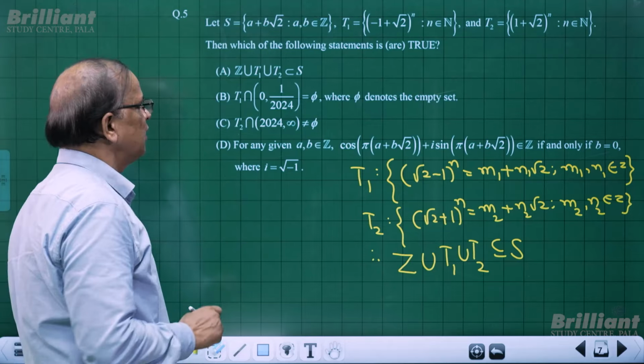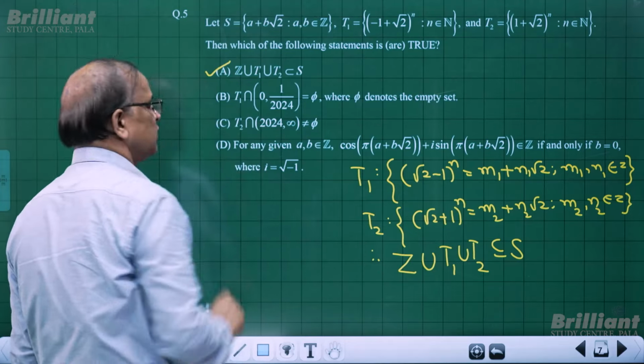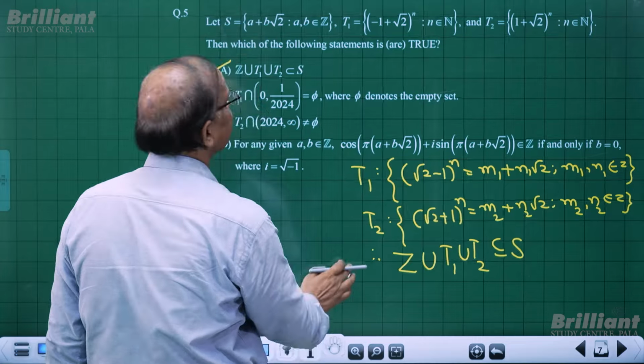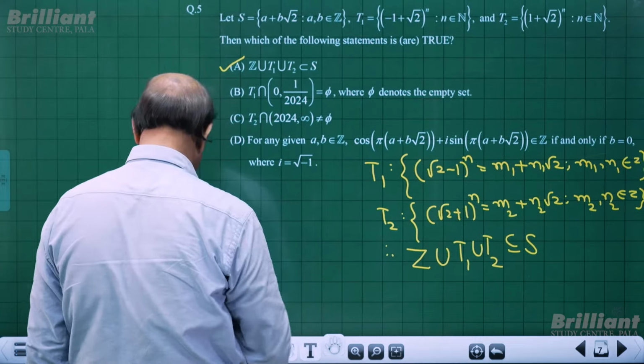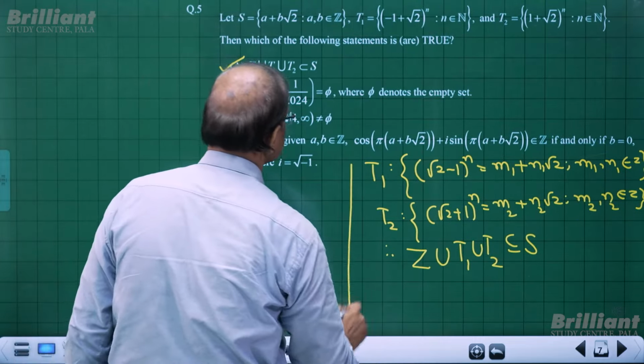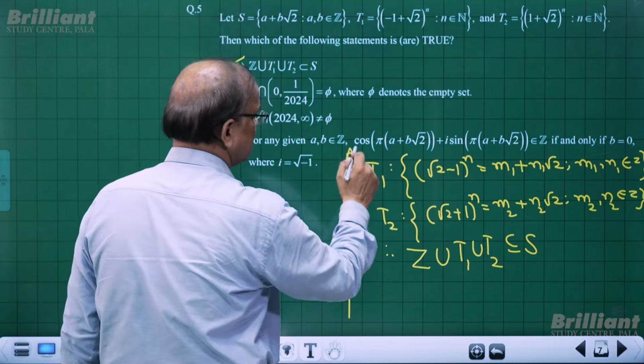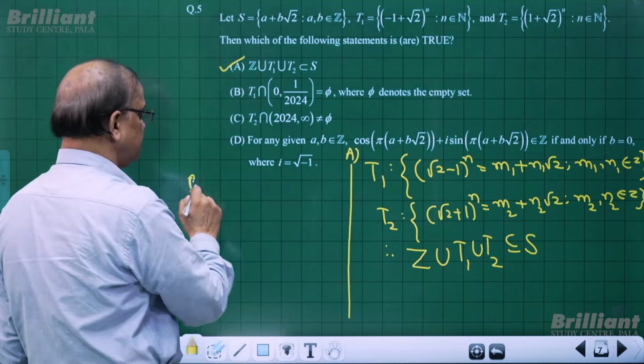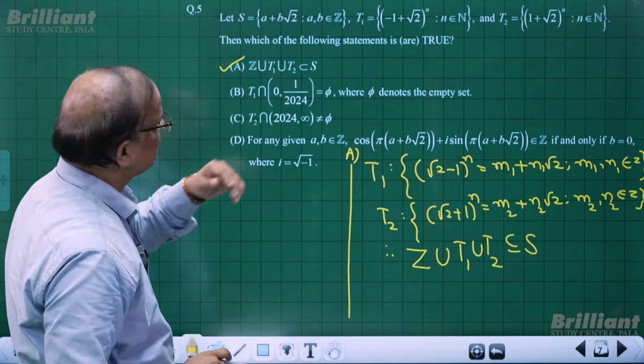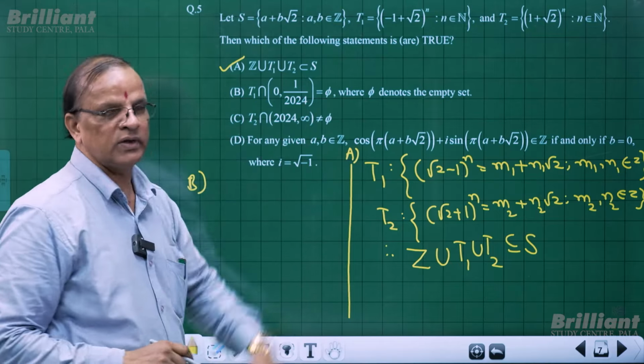So now, A is correct. Now we will check B, right. So this is option A. Now B option is T1 intersection, this is 5.